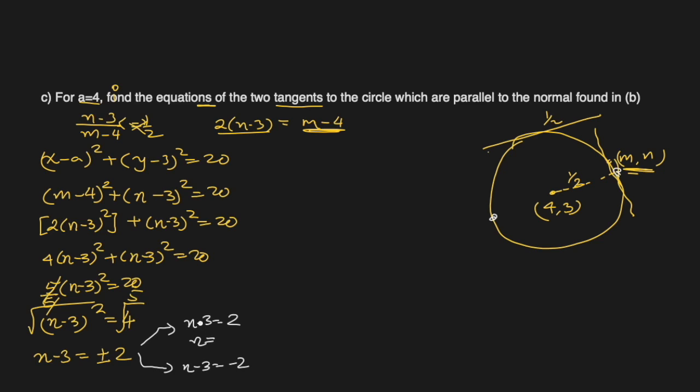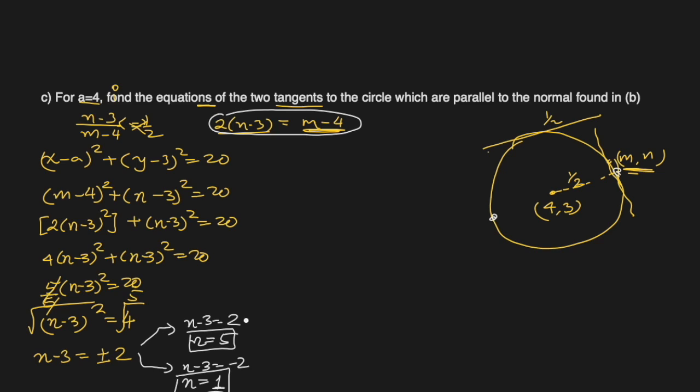It gives me n equal to 3 plus 2, 5. This gives me n equal to 3 minus 2, 1. So we got two n's. Let's find the respective m's, and we can use this one.